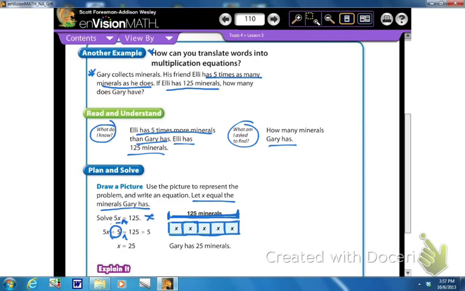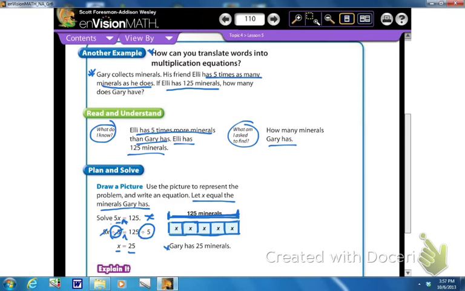And remember, what we do to the left side, we have to do to the right side. So then you have to take 125 and divide it by 5. Now, on the left side, we've got 5 times x divided by 5. So these are canceled out, leaving x alone. And if you figure out what 125 divided by 5 is, you know it's 25. So we know that Gary has 25 minerals. Wait, I think I'm jumping ahead.